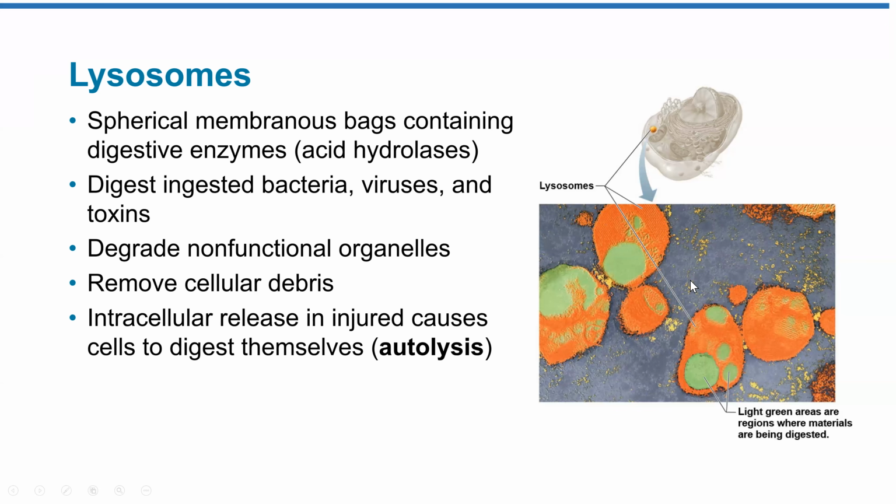This lysosome can release its enzymes inside the cytoplasm and destroy the entire cell. This is called autolysis. Lysis means breaking down, and autolysis means the cell breaks itself down. The cell destroys itself because of the lysosome.